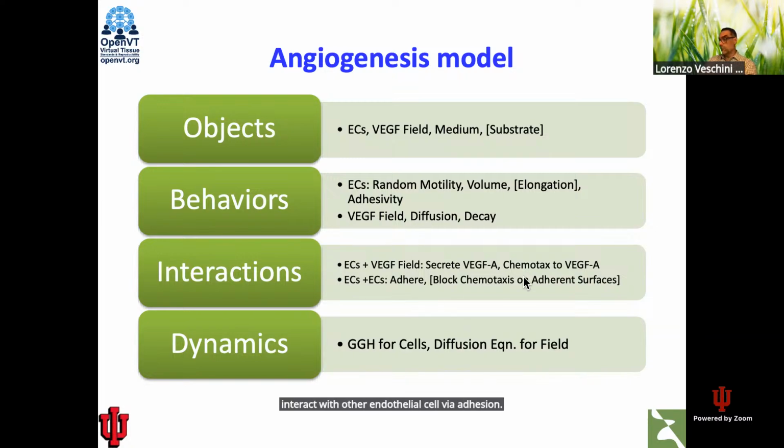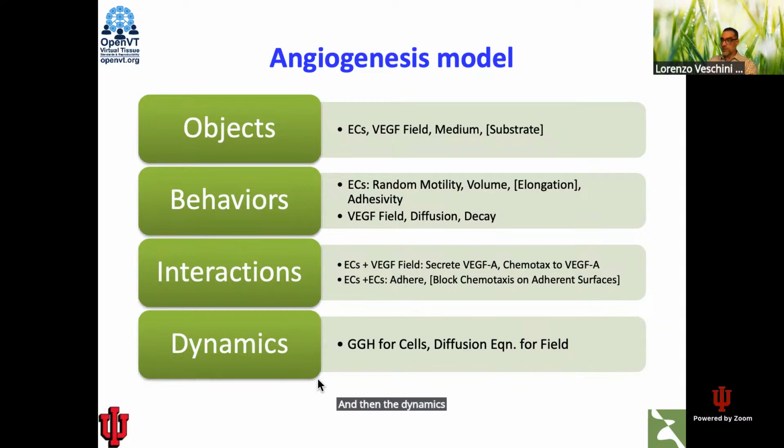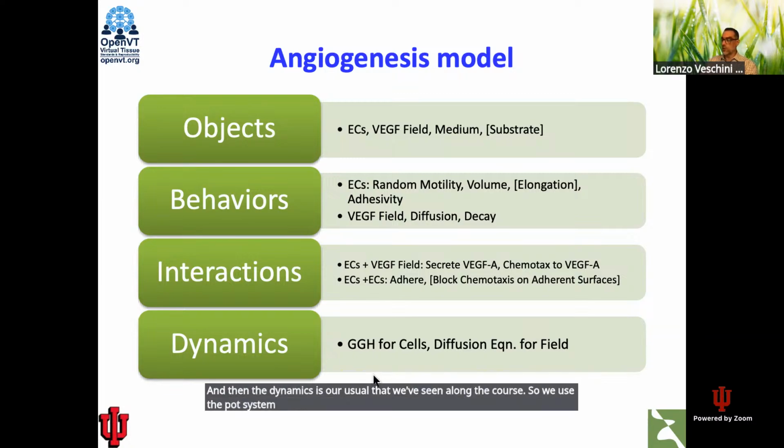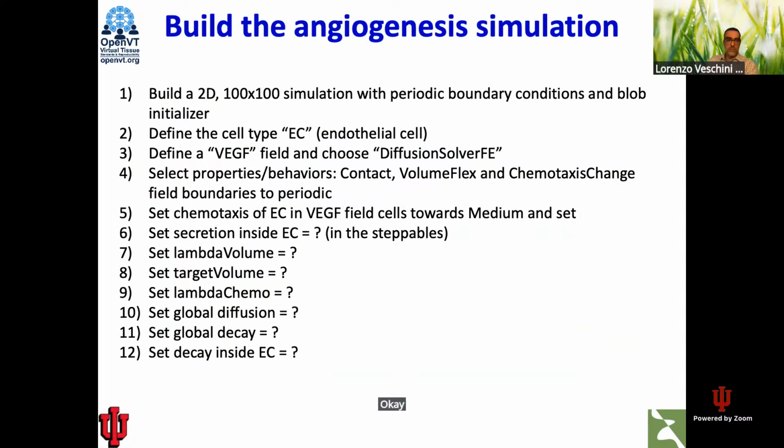And here we have an important aspect: we want chemotaxis to occur only on non-adherent surfaces, not where the cells interact with one another. And this is something we can implement in CompuCell. And then the dynamics is our usual that we've seen along the course. So we use the Potts model and the diffusion equation for the fields. Okay, now that's the exercise.